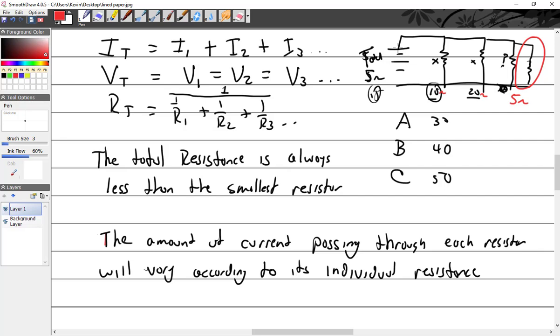So if that were true, then all of the current would go this way. Path of least resistance is through the 5. So you have to be careful with that statement, was his point. However, if I put a wire from here to here with no resistance, where would it go? I don't know if there'd be much going through the other ones. They would go through here. Anyway, I digress.